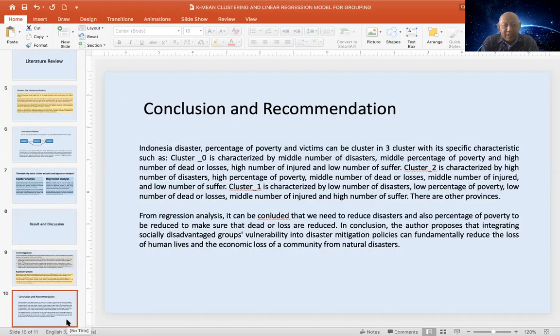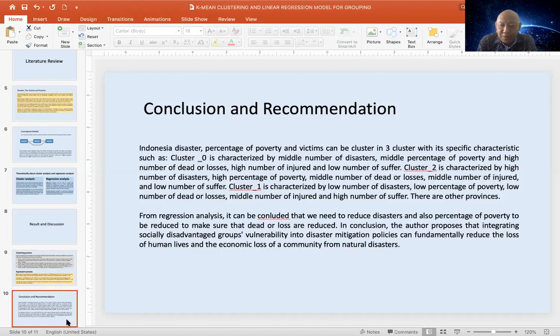Okay, the last is about conclusion and recommendation. Indonesia's disasters, percentage of poverty, and victims can be clustered in 3 clusters with specific characteristics. Cluster 0 is characterized by a middle number of disasters, middle percentage of poverty, high number of death or loss, high number of injured, and low number of suffered.